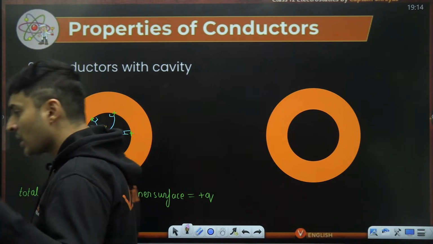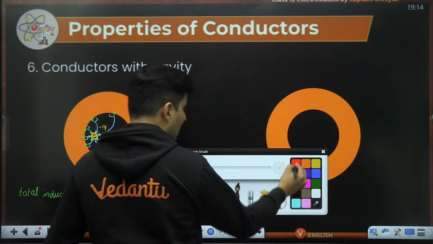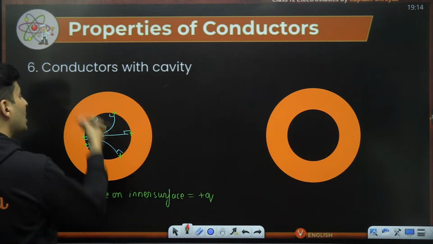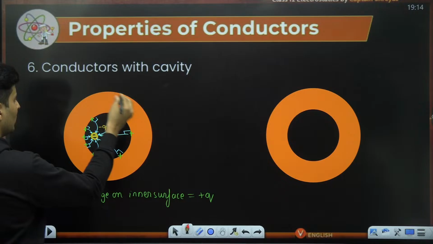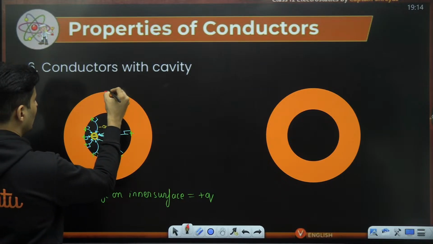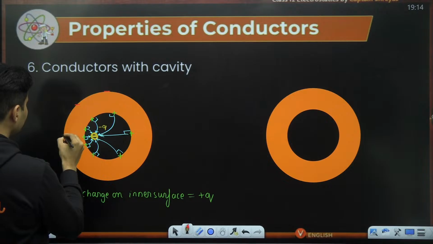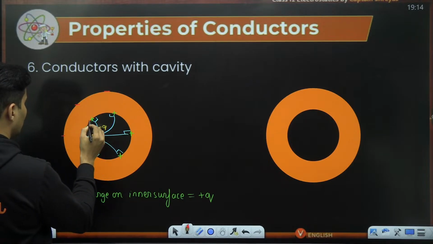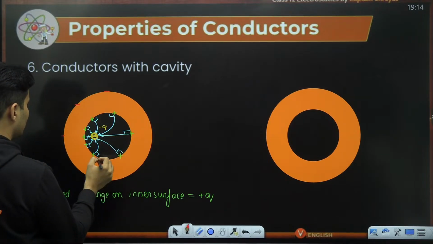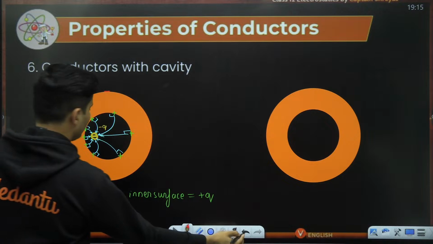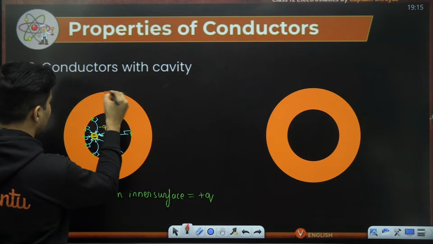Awesome, Rama. Now, by conservation of charge, there must be an equal but opposite charge on the outer surface. So, you will see probably negative charges like this. So, 1, 2, 3, 4, 5, 6, 7, 8. So, we'll have to draw 8 charges exactly.